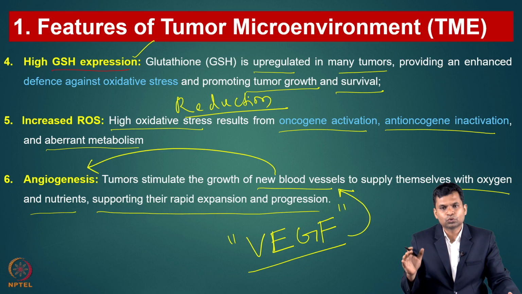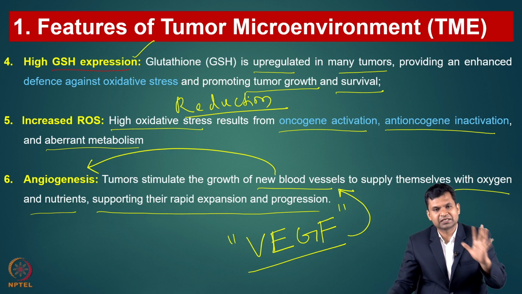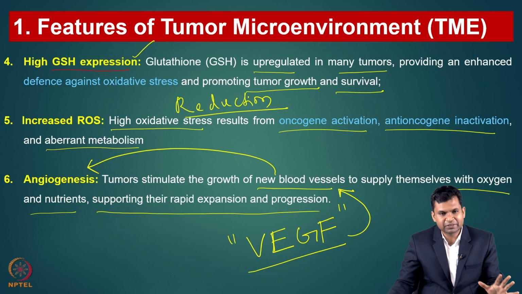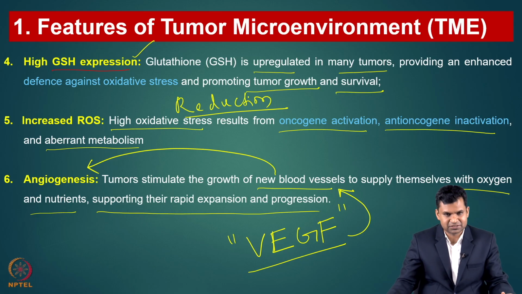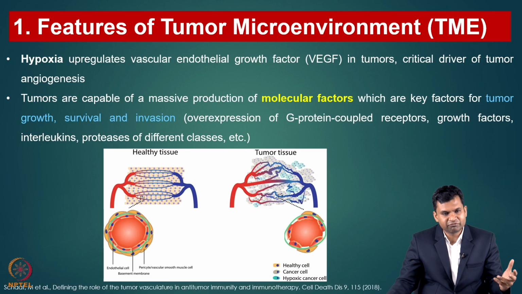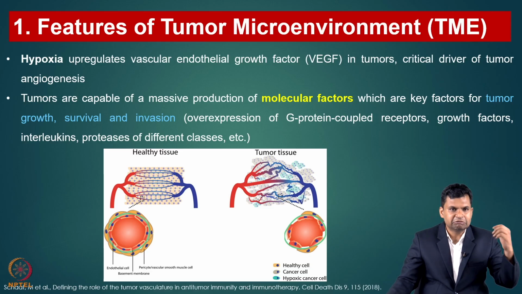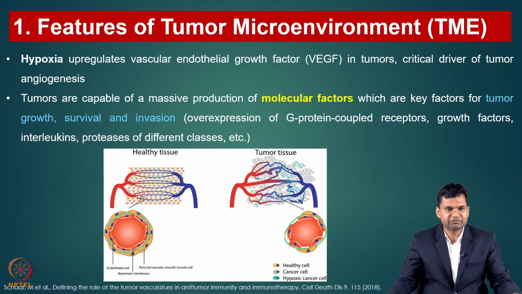So, these are the various features that help in targeting the tumor, either by the passive mechanism, the active mechanism, or the stimuli responsive mechanisms. These features are very important for targeting. So, scientists have developed various delivery systems based on these features of the tumor microenvironment.